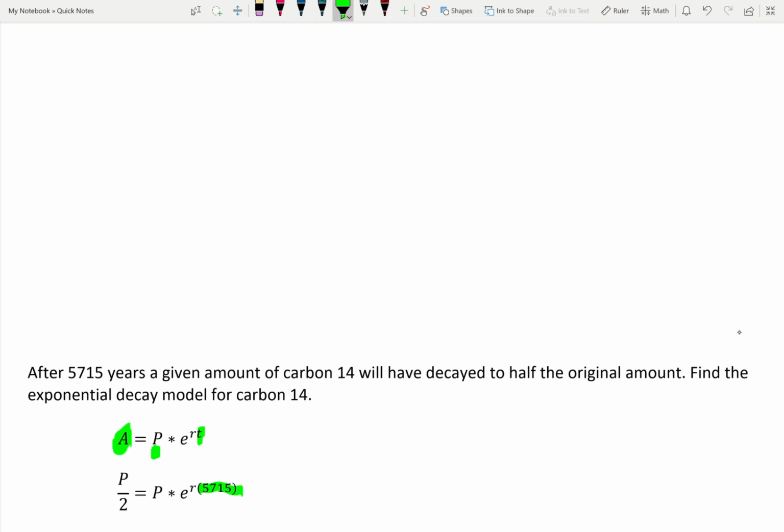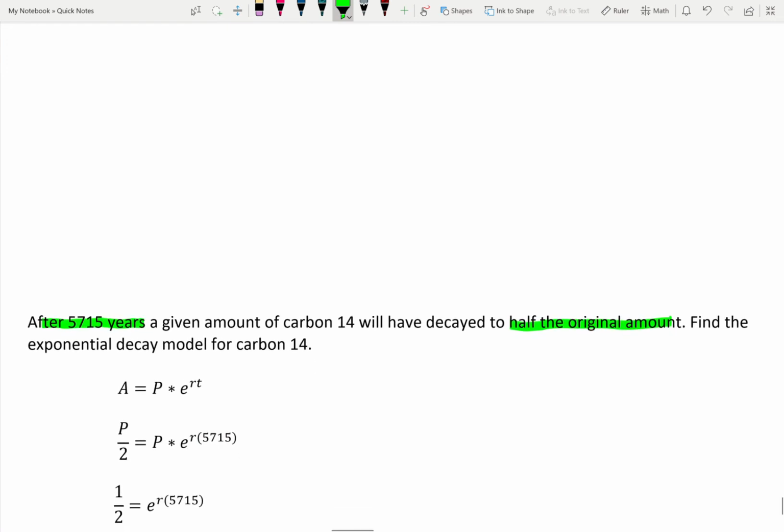Well, they said after 5,715 years have passed, half of the original amount is left. So if P is the original amount, half of the original amount is P divided by 2. So I have P divided by 2 amount left after 5,715 years have passed. I hope that makes sense. Okay?